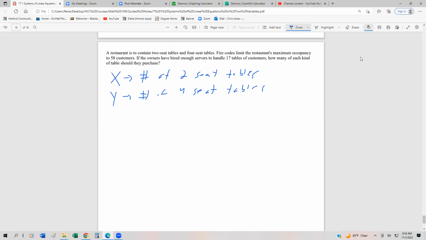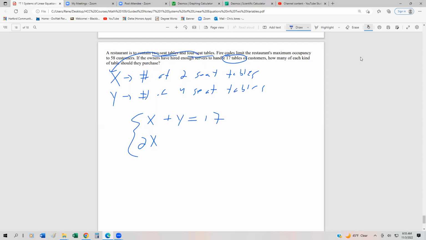Now, the owners have hired enough servers to handle 17 tables total. So one equation is going to be that X plus Y is equal to 17. Another equation is that there's going to be 2 customers at each of the 2-seat tables.